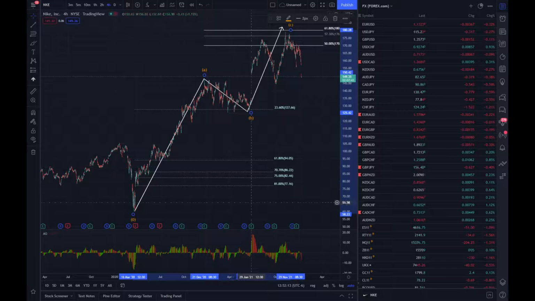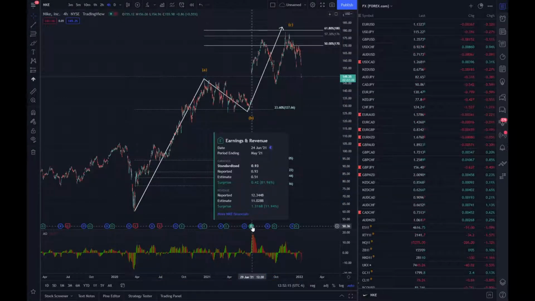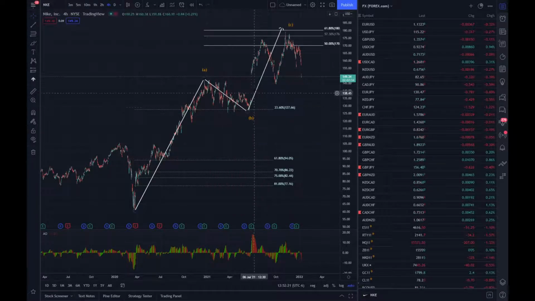In fact, it must have been a blowout earnings report, for the period ending May 2021, in which Nike prices gapped higher, another important technical analysis function, to actually break through that resistance that had lasted for, looks like, the better part of a year, almost a half year.